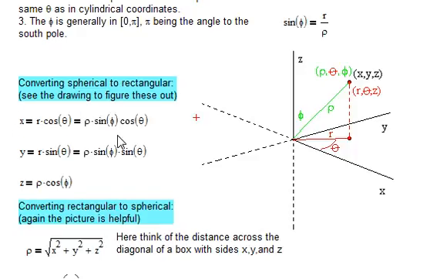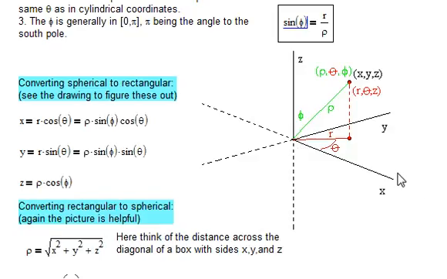So y, from what we know about polar coordinates, is r times the sine of theta. And r, we already know, is rho sine phi. It comes from this equation right here. Keep in mind, this r would be up here.